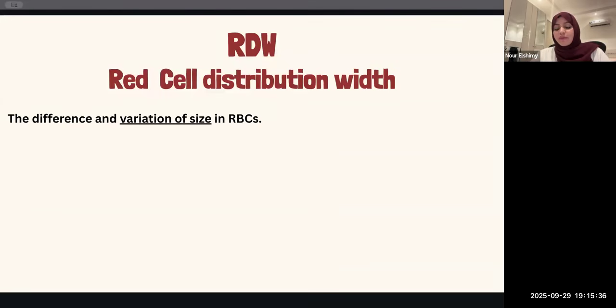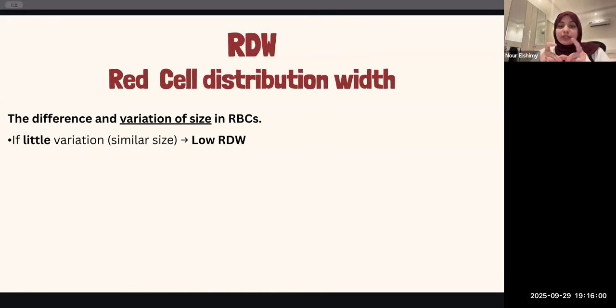So if we have a smear where we're looking at red blood cells under the microscope, and we see that the sizes are variant, so there are so many different sizes, so like high variation, it's going to be high RDW. However, if we look under the microscope and the sizes are similar, this is what we call low RDW.